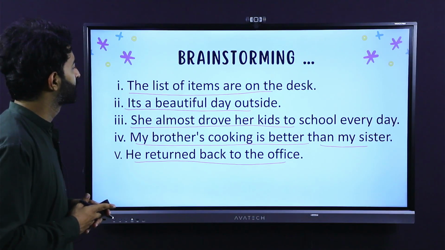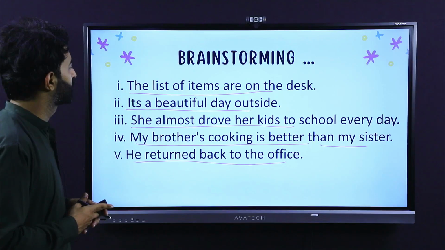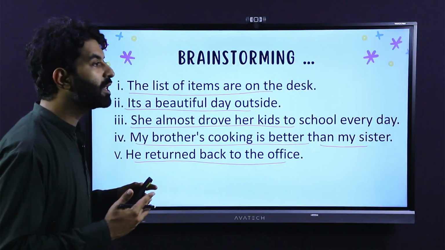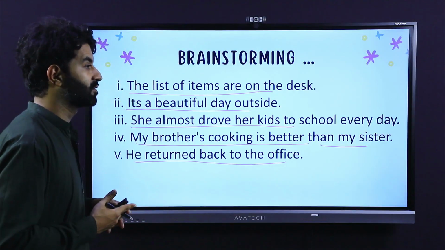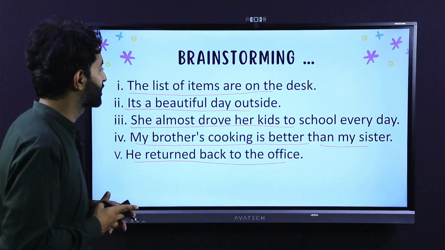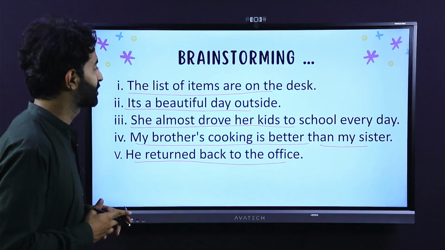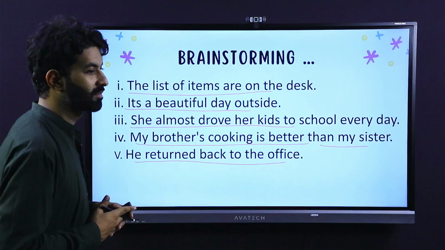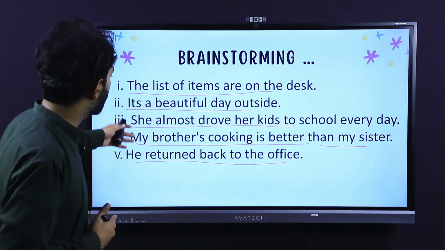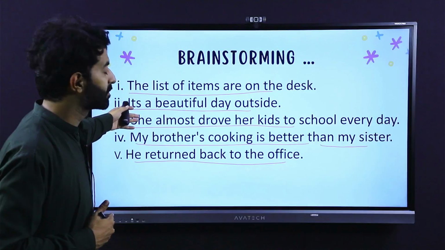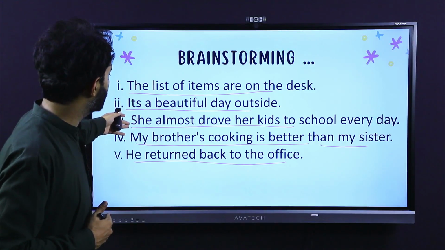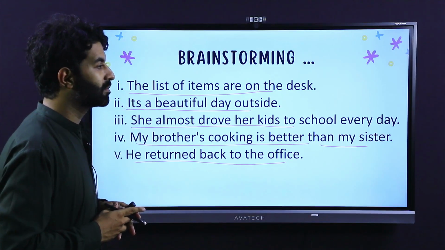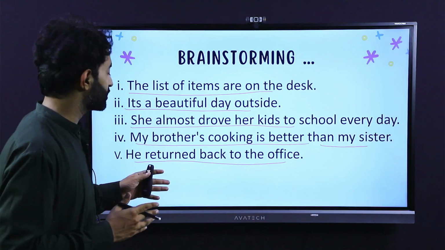The list of items. No, there can be so many other items in one list. So I think this is right. There's some other mistake. Okay, can you go for the next one? It's a beautiful day outside, or she almost drove her kids to school every day. No. Yes?